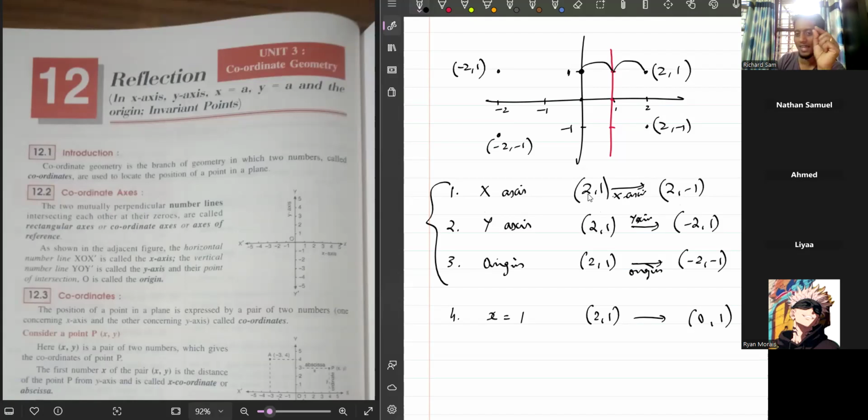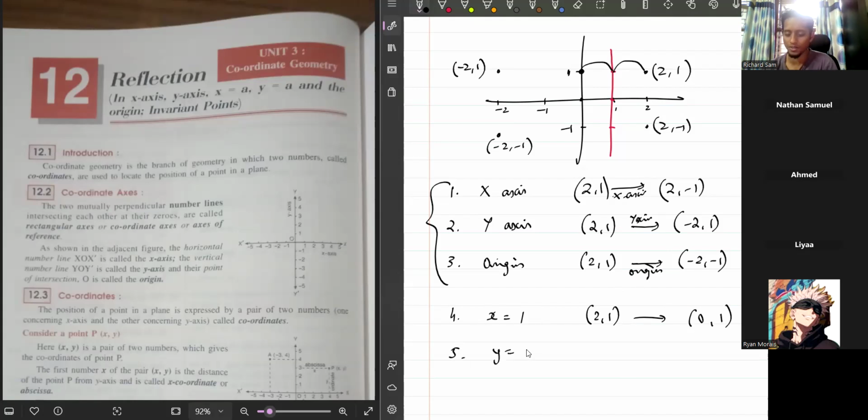The x coordinate is also called abscissa and the y coordinate is called ordinate. Any reflection on the x-axis, the ordinate changes. Any reflection on the y-axis, the abscissa's sign changes. And any reflection on the origin, both change.